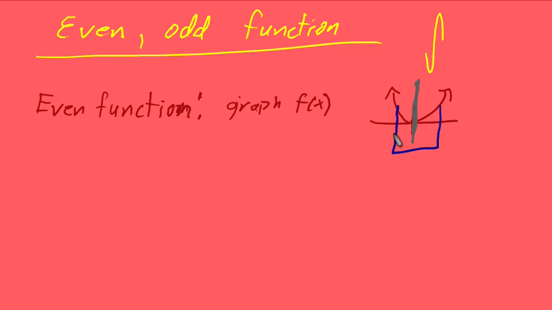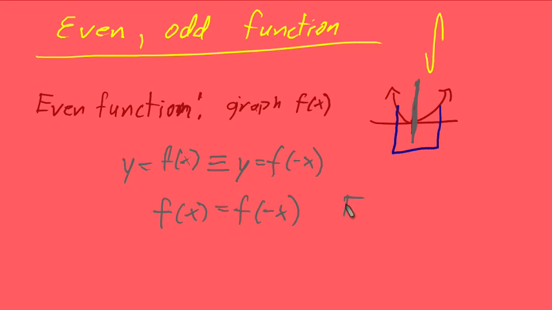To write this out mathematically, the equation y equals f of x must also equal the equation y equals f of negative x, which you can distill down to say if f of x equals f of negative x, then your function is even.